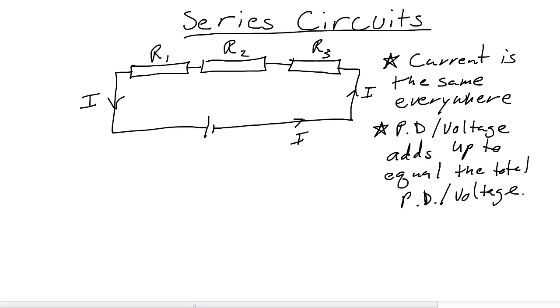Okay, so the potential difference across each resistor is going to add to equal the total potential difference of the battery, V. So if I were to write this out, I could say that total potential difference is equal to potential difference across my first resistor, so V1 across R1, plus V2 plus V3. So all the potential differences across each resistor add up to equal the total potential difference.